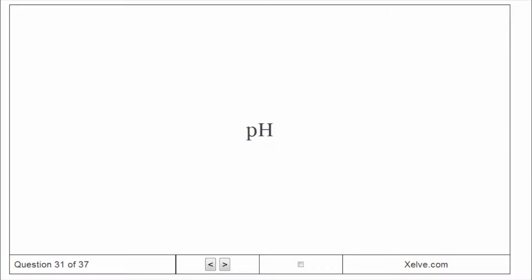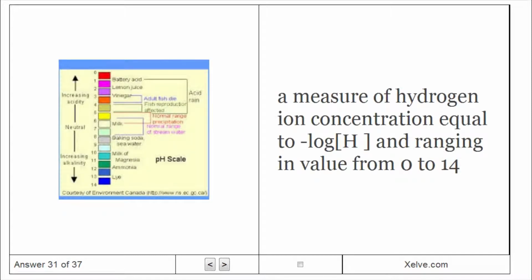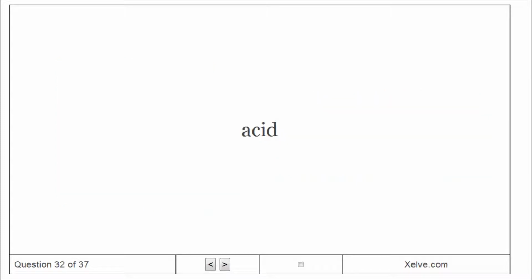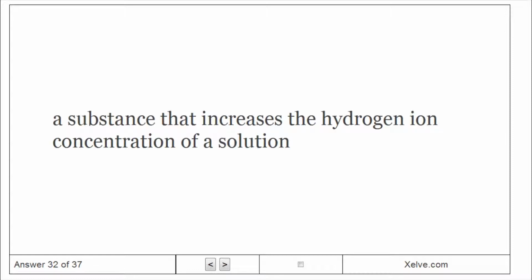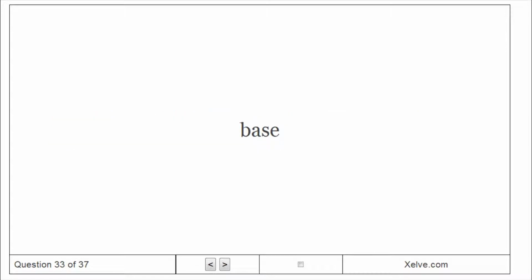pH. A measure of hydrogen ion concentration equal to -log [H+] and ranging in value from 0 to 14. Acid. A substance that increases the hydrogen ion concentration of a solution. Base.